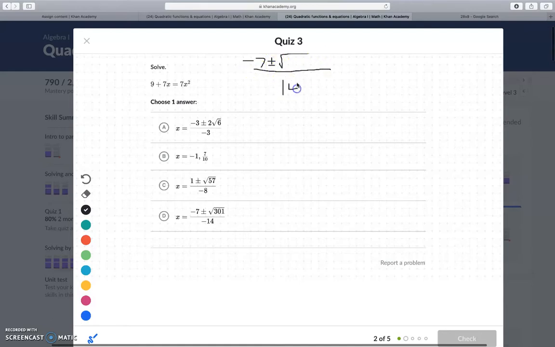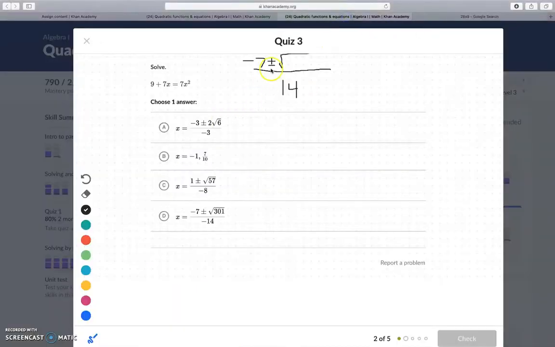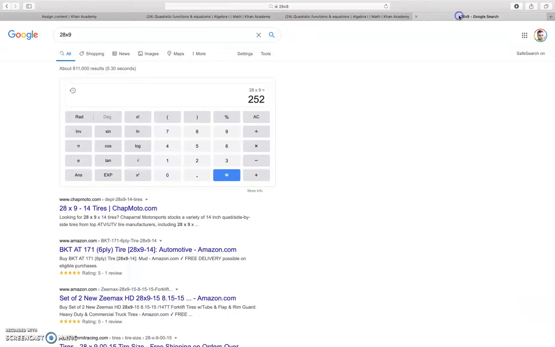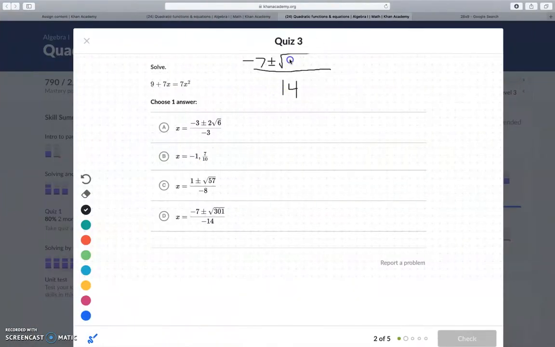Whatever was in there. 14, 252, but we had a 49 at the beginning. So 252 plus 49 equals 301. All right, so this is square root of 301.